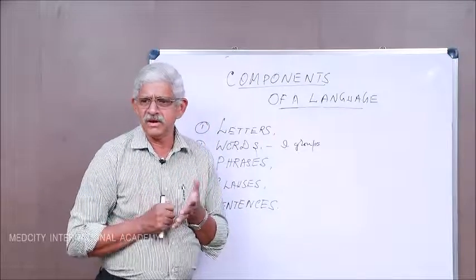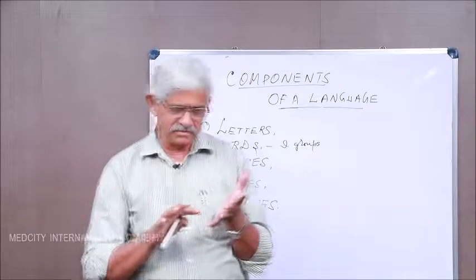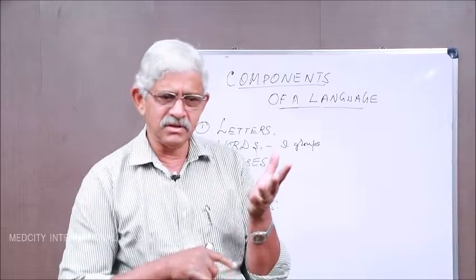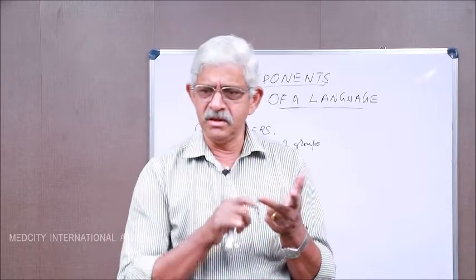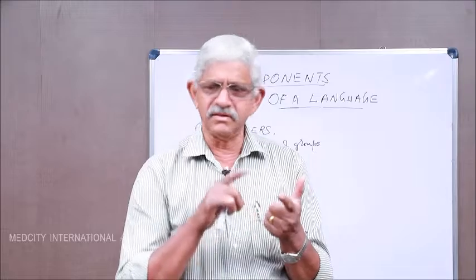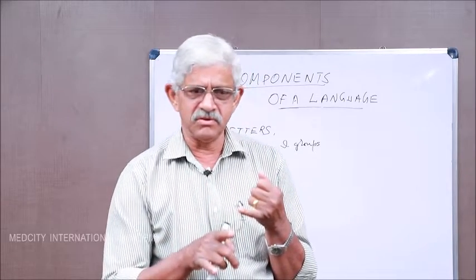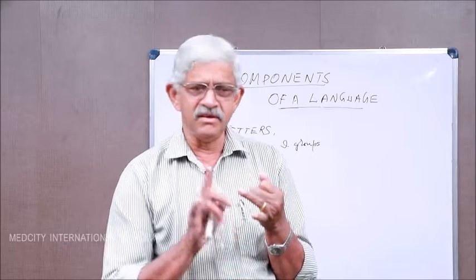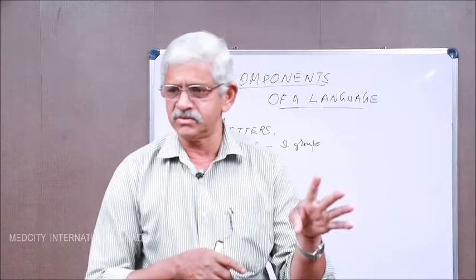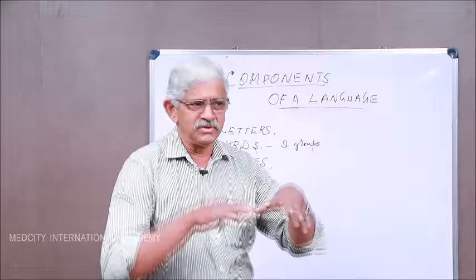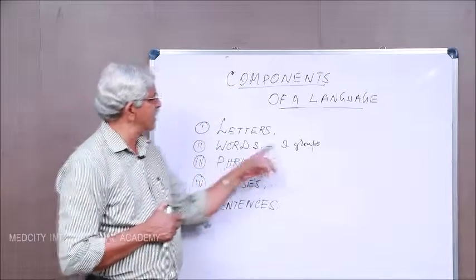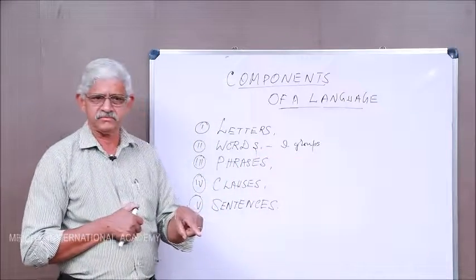I am sure that you will have heard of that. What are they? The nouns, the pronouns, the adjectives, the verbs, the adverbs, prepositions, conjunctions, interjections and articles. Understand? So, these are the 9 groups of words.